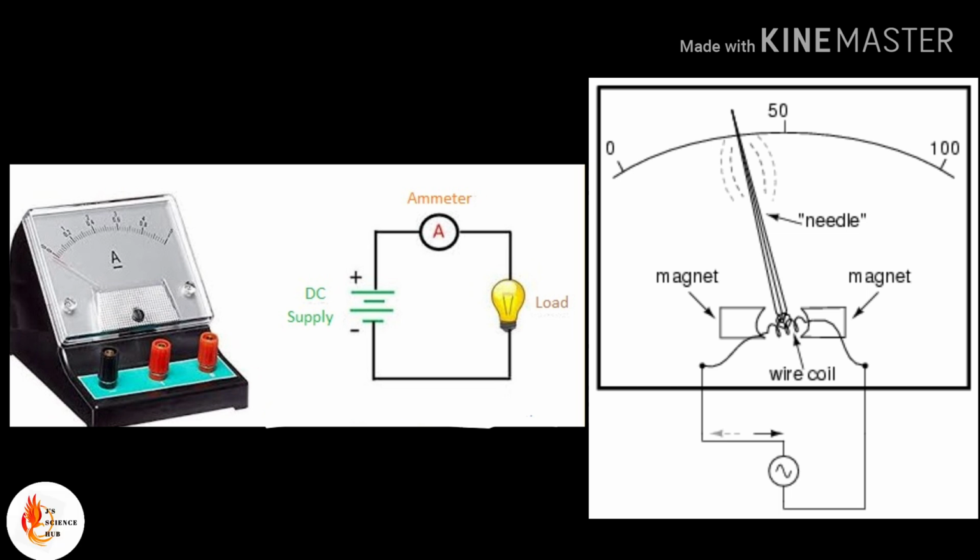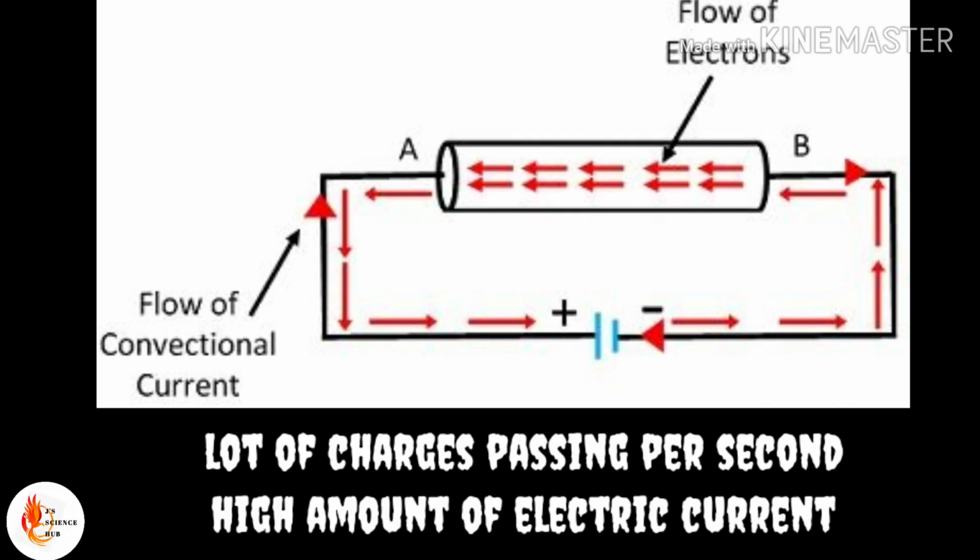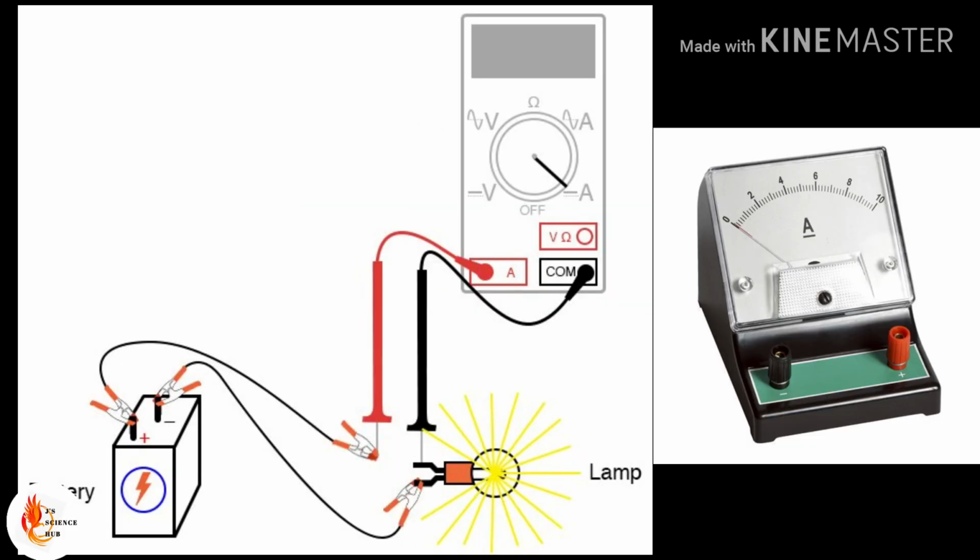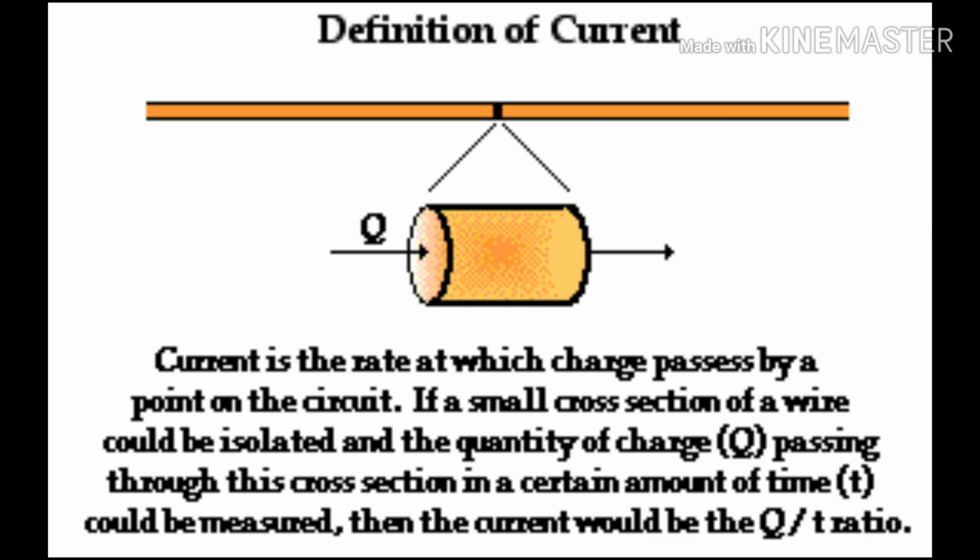The amount of charge passing per second is a measure of electric current. Lots of charged particles passing per second means a large current, right? So we can define this as electric current equals the amount of charge passing per second. So from this we can simply define electric current as the rate of flow of charge.